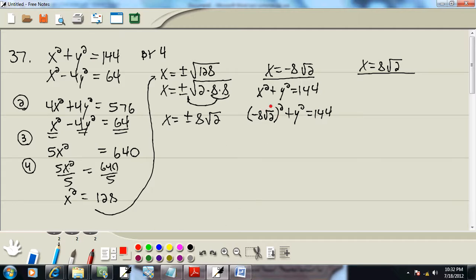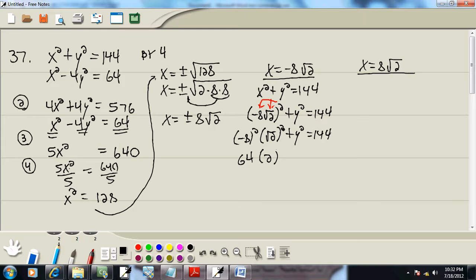Now when we have items inside our parentheses that are separated by multiplication or division, we can take everything to that power. So I'll take the negative 8 to the second power, and the square root of 2 to the second power, plus y squared equals 144. Negative 8 squared is 64, and this gives us 2.